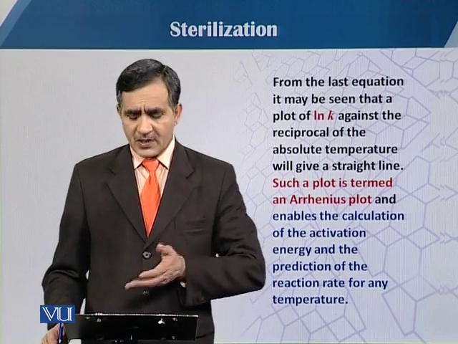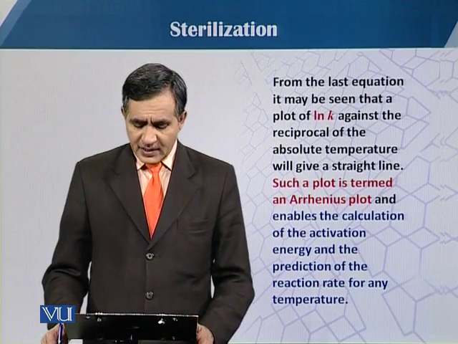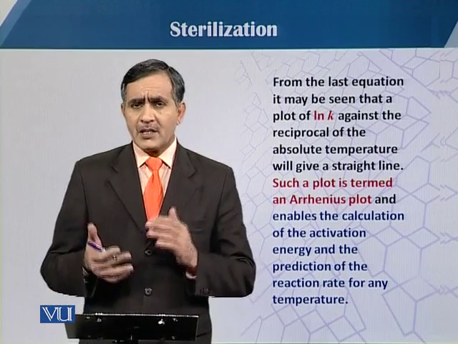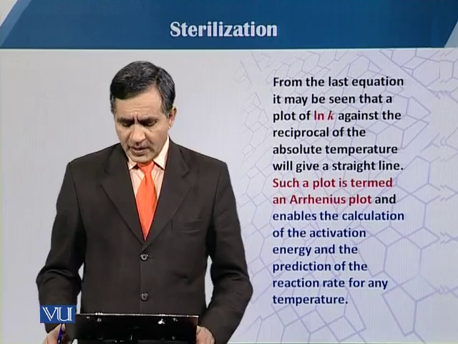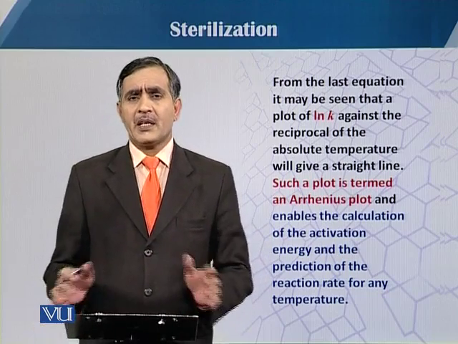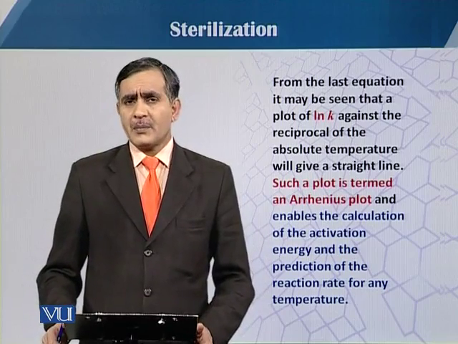With this straight line, we can calculate the activation energy and predict the reaction rate. By just plotting these two, we can estimate the temperature at which we can achieve suitable sterilization of the fermentation medium.